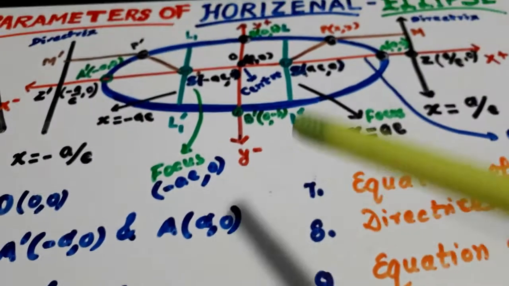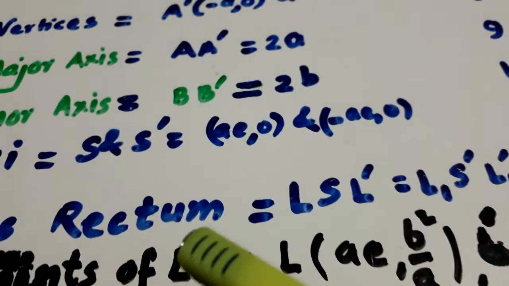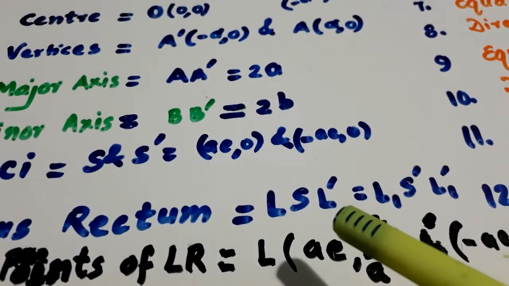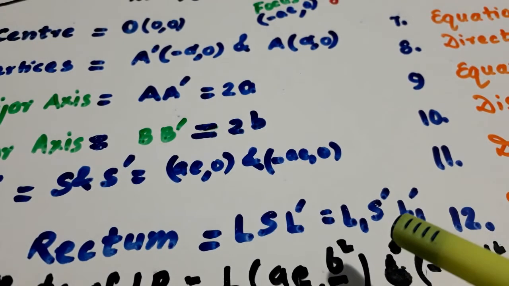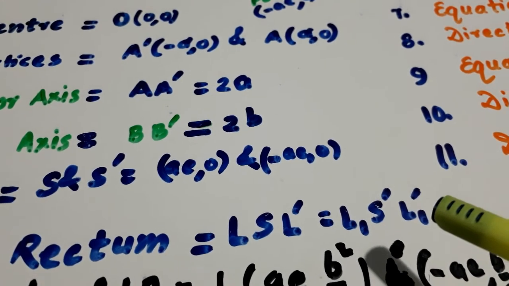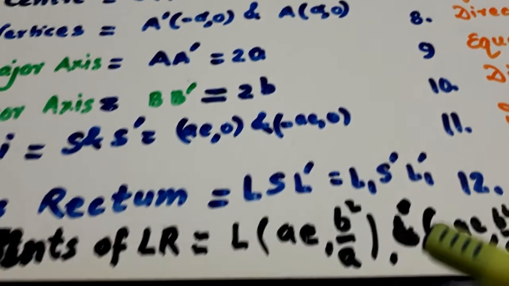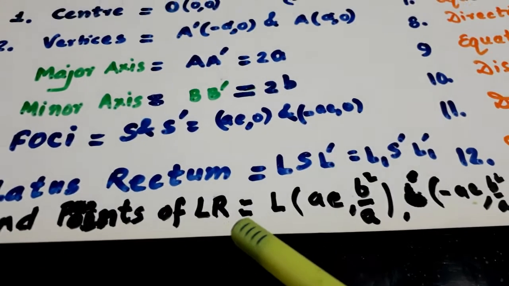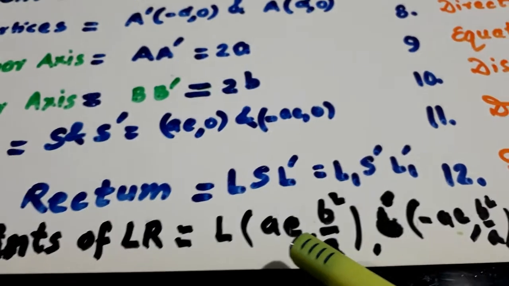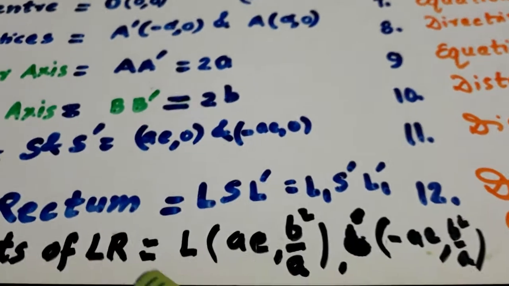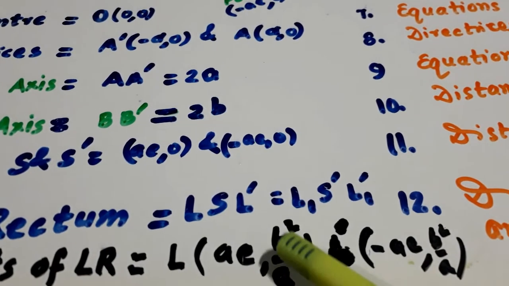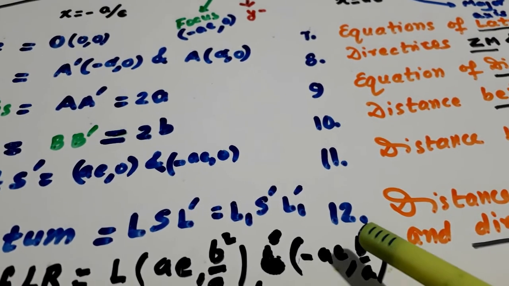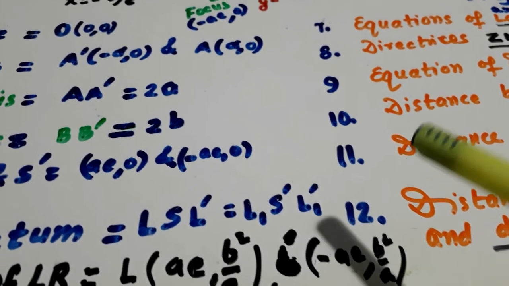Now look here, latus rectum is L, S, L dash and L1, S dash, L1 dash. Now the end points of the latus rectum: this is AE, B square over A, the other is minus AE, B square over A.